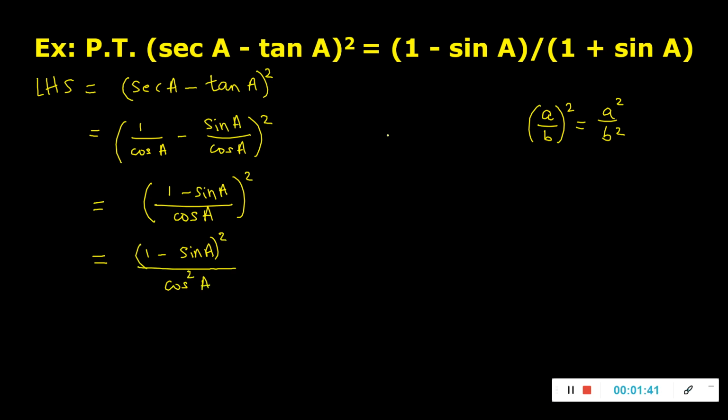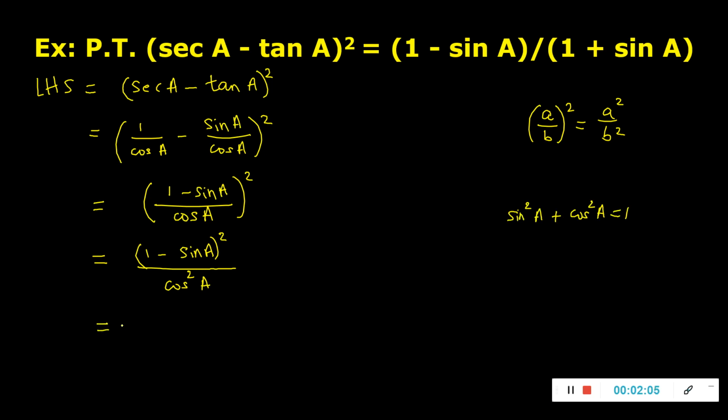Now, if you observe, we have been able to get the terms in terms of sine and cos, but the denominator consists of 1 plus sine A. So what we do is we try to write the denominator cos in terms of sine. We know the identity, that is sine square A plus cos square A is equal to 1.